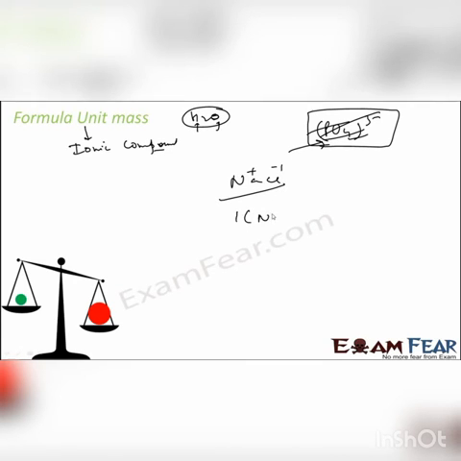So that is 1 sodium plus 1 chlorine. 1 sodium is what? 23. 1 chlorine is what? 35.5. You add it, 58.5. So it's just a new term.